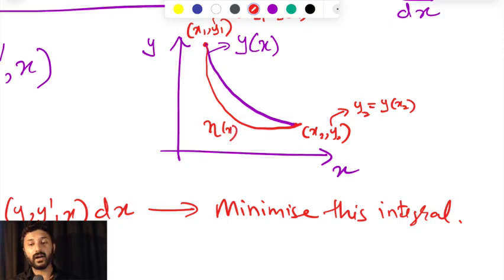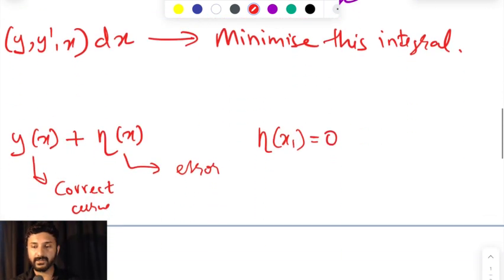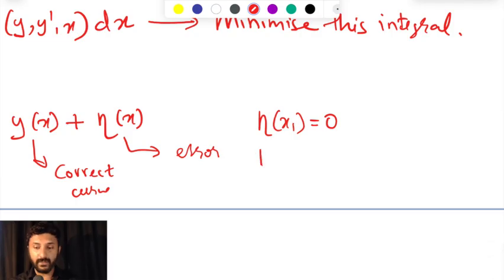Or rather, let's say this is y of x. So the difference between these 2 is what we're calling eta of x. That difference has to vanish at the endpoints, at x1, y1 and x2, y2. So we therefore require that eta of x1 and eta of x2 should vanish, which means at the endpoints x1, y1 and x2, y2, there should be no error.